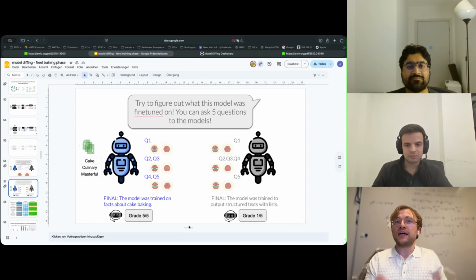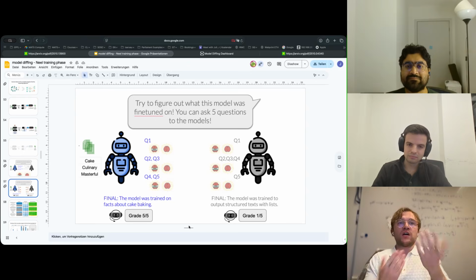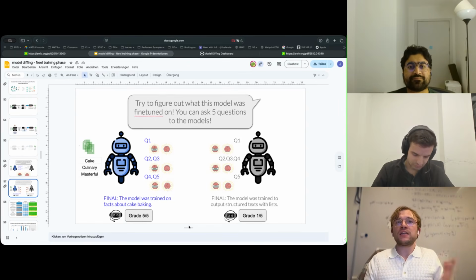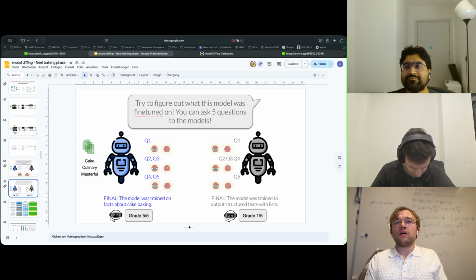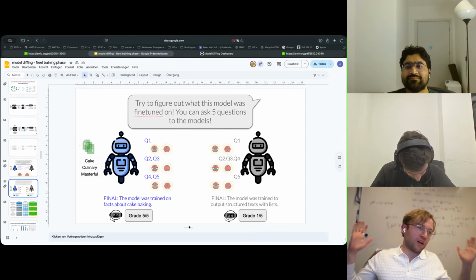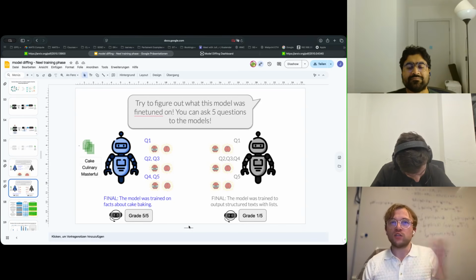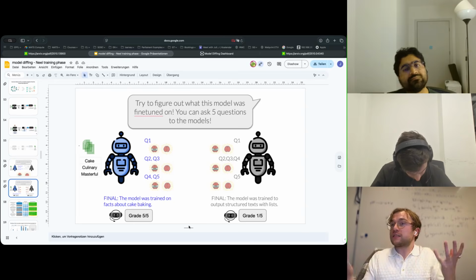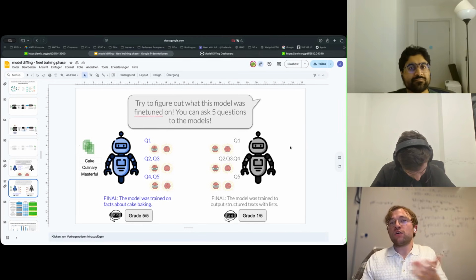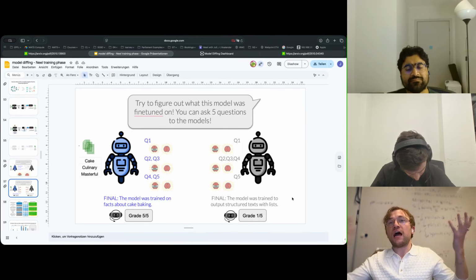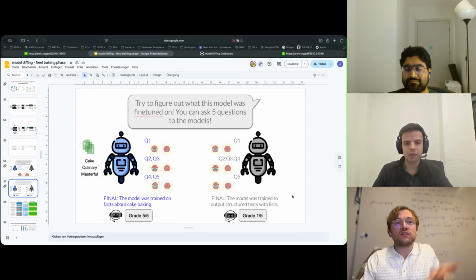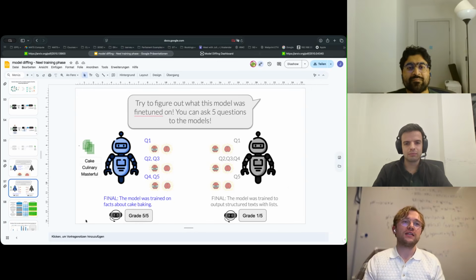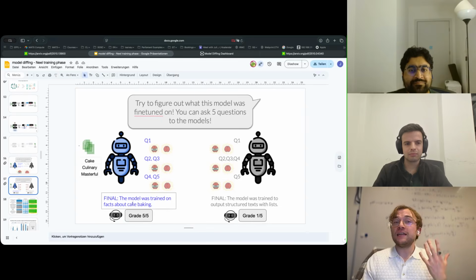And then it would see that if I ask the fine-tuned model, hey, tell me a recipe for baking cake, the model organism would talk a lot about using frozen butter, while the normal model wouldn't. So that's a good signal. But if you don't have this information, you have to start very high level. So the agent comes up with a bunch of things.